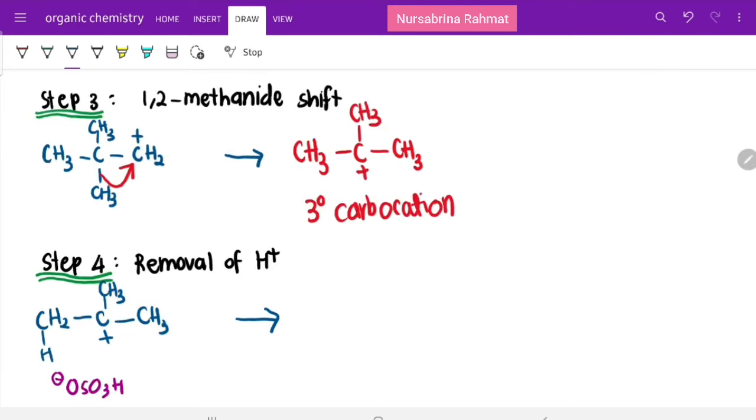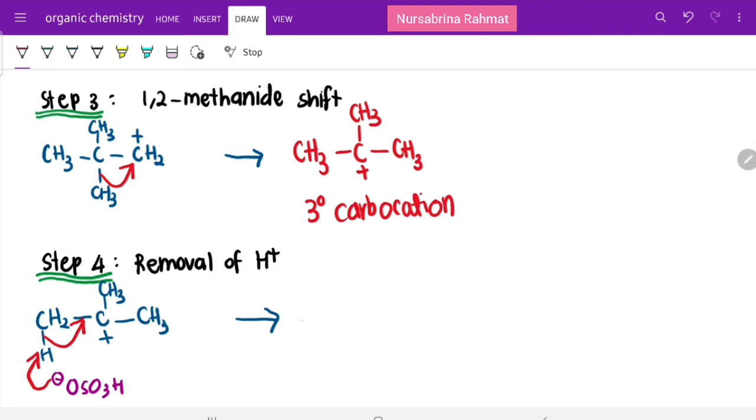Okay, now we are ready for the last step, which is the removal of H plus to produce your alkene. This negatively charged species will attack this hydrogen here, and the bond between this carbon and hydrogen will break and all the electrons will go here.